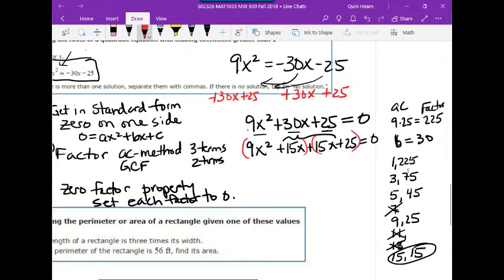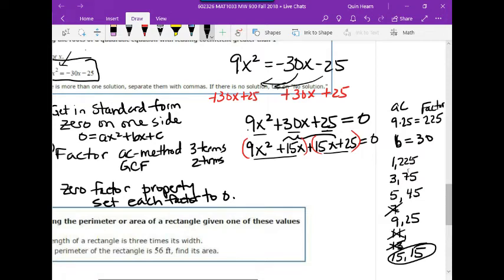We're going to group the pairs and see what they have in common. And by the way, if you can find two numbers that multiply to give you the product of A and C and add up to B, then you know it is going to factor. So when we look for a GCF in each of these two large pairs here, we should find that what's left behind is going to be the same factor.